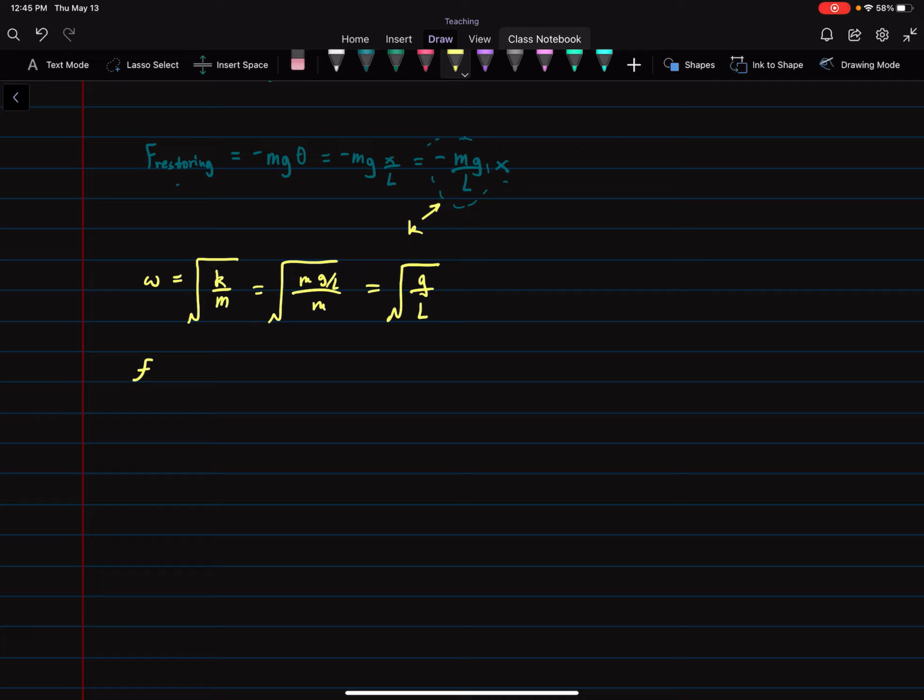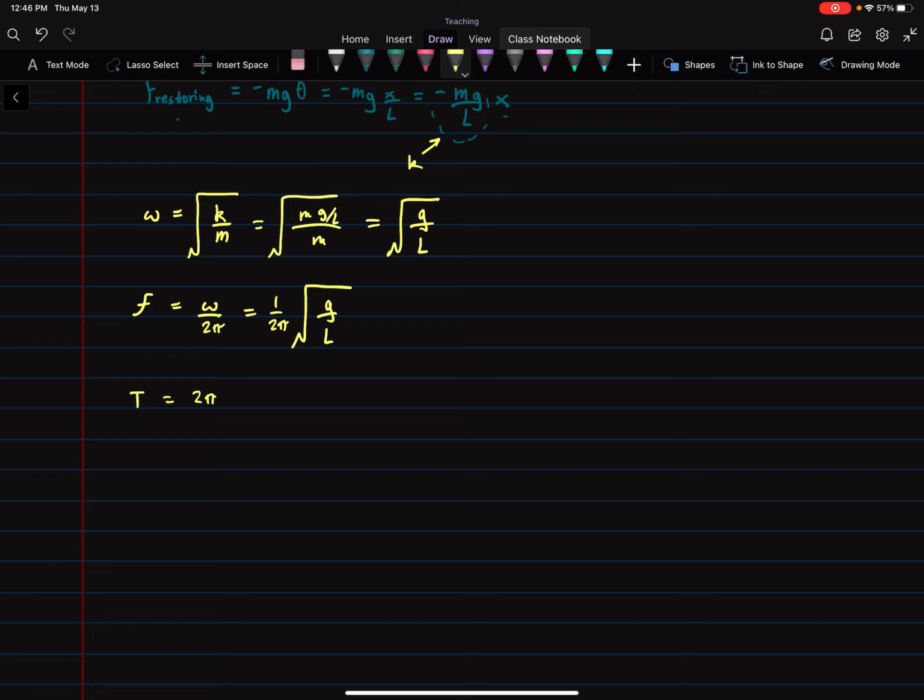And then our frequency, we said, was omega over 2 pi, which is equal to 1 over 2 pi, and we can plug in our new omega, square root of g over L. And our period is the inverse of that, 2 pi over omega, which is equal to 2 pi square root of L over g.